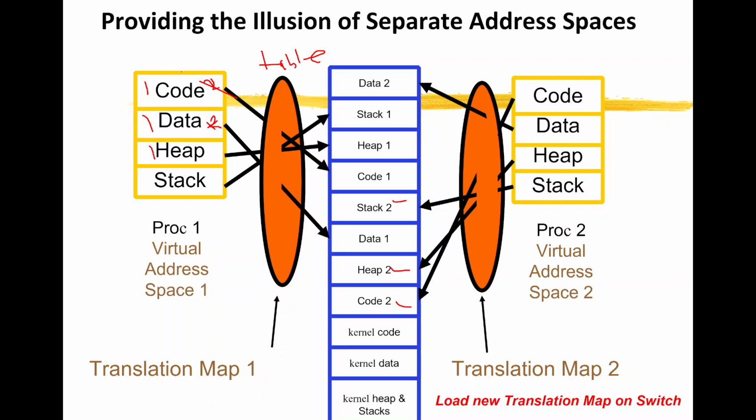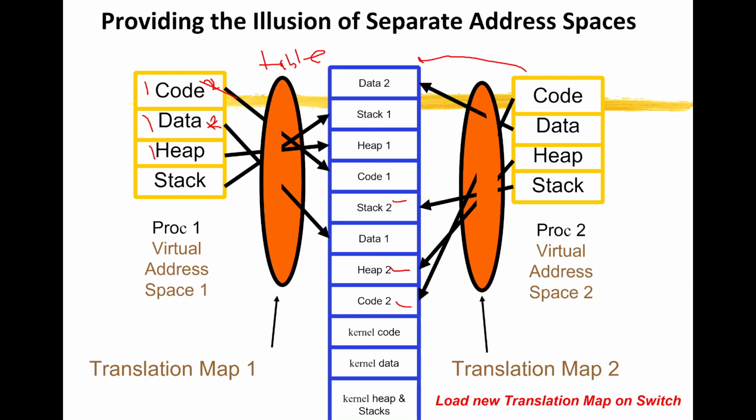And if you have noticed what's happening, it doesn't matter where it keeps it on the physical memory. All it does is that if you load a new translation map on switch, each time a process is moved from the virtual memory to the physical memory, automatically the map is being adjusted. So that's why you say load new translation map on switch. The map automatically is being updated to show the new location of these data.